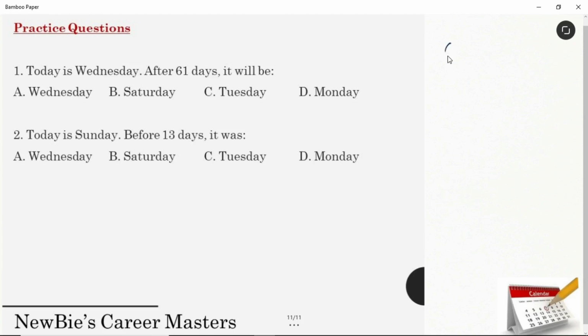Take that 61, divide the 61 by 7, that is 8 sevens are 56, remainder is 5. What do you have to do with this remainder? You have to add 5 days to Wednesday. That means go forward 5 days from Wednesday, or you know the shortcut.